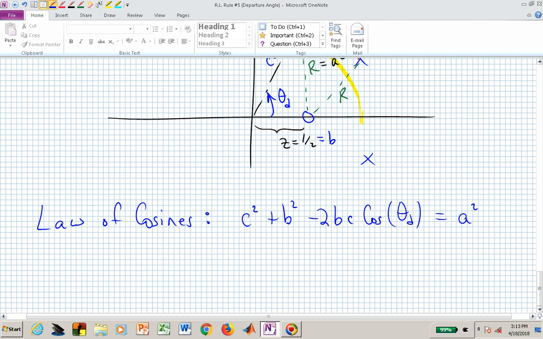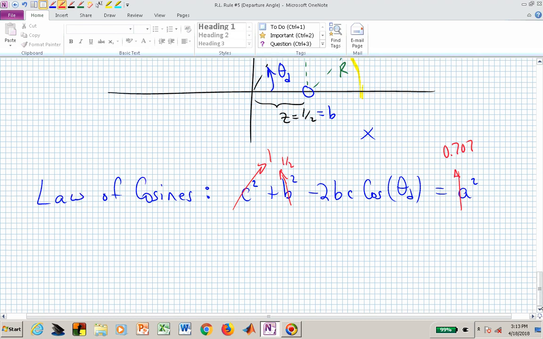We know C, that was 1. B, we know, is 1 half. And A, we just computed to be the square root of 2 over 2.